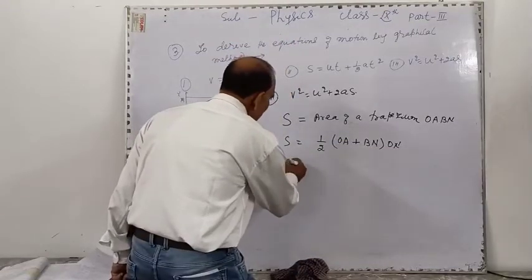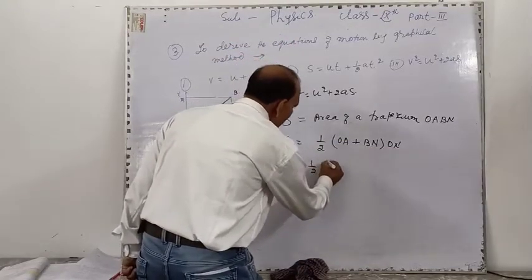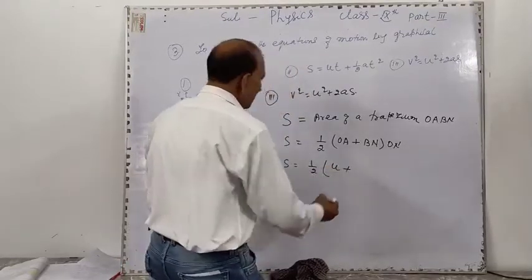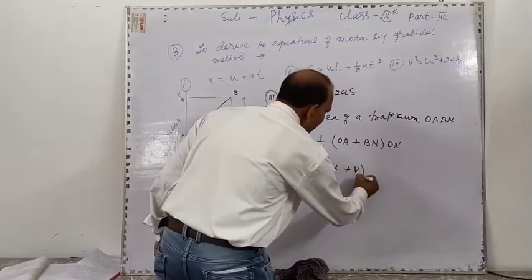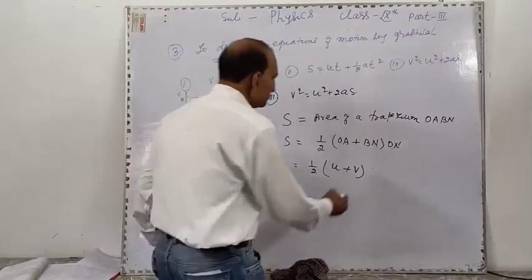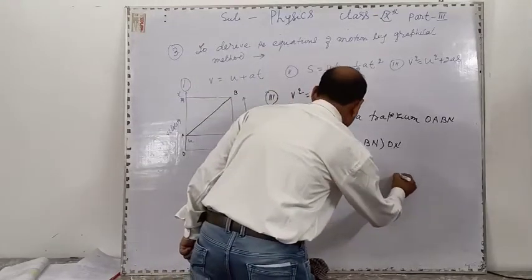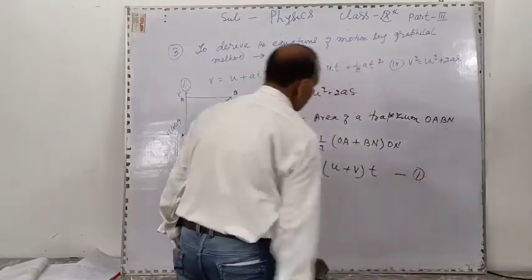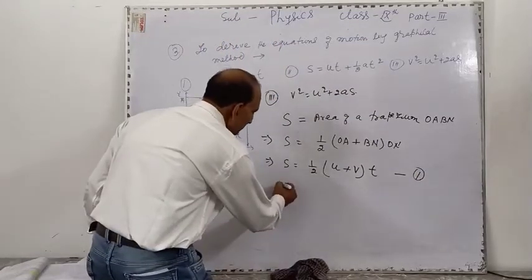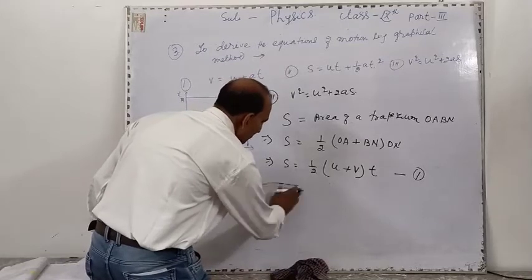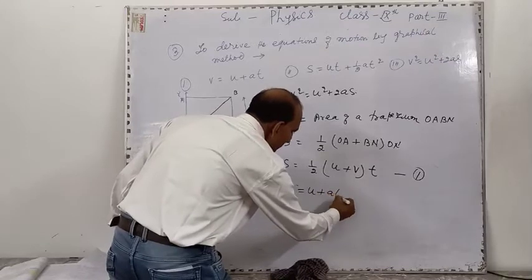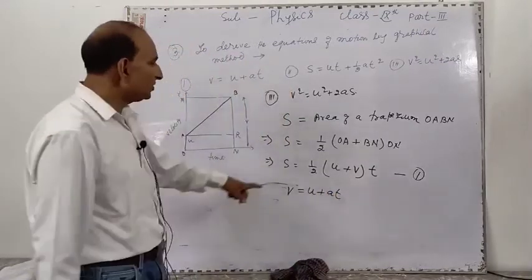This implies S is equal to 1/2 (OA represents initial velocity plus BN represents final velocity) into ON represents time. Equation first. And also we know that V is equal to U plus AT. This is the first equation of motion.